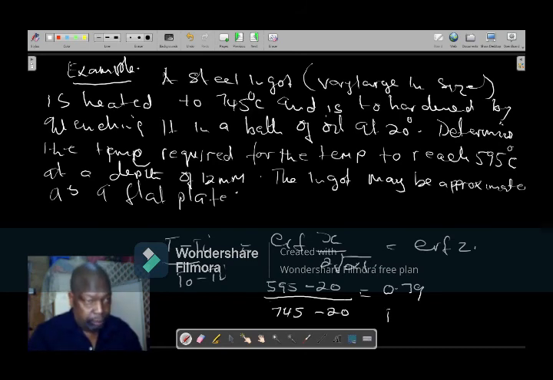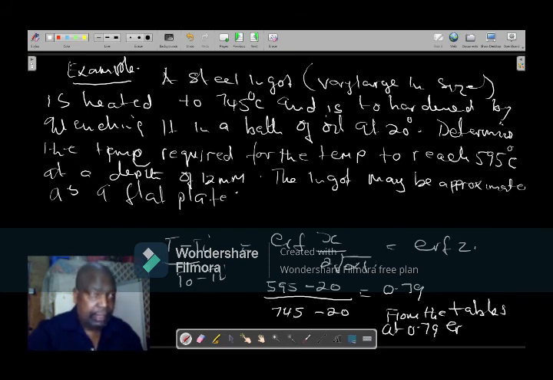So from the tables you find that at 0.79 the error function, no, z equals 0.9.